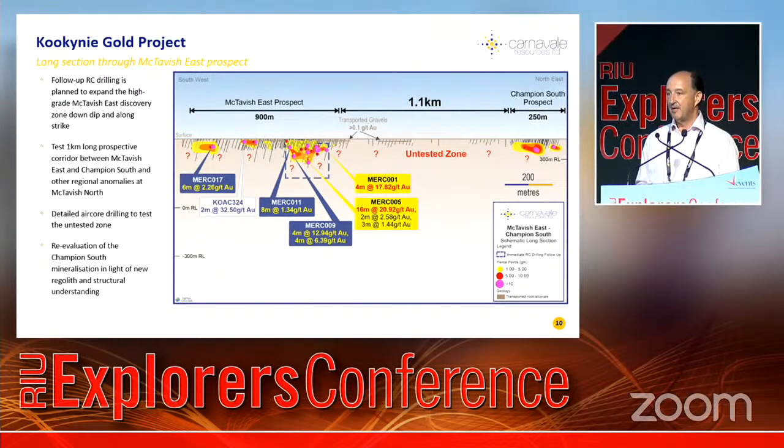So we have an RC rig booked to come back and drill in this area immediately. We finish at Orabanda, so that's in March, and an air core rig to come and test this zone as well. So we're aggressively developing this. We have the funds to do it, and we're very hopeful to grow this spectacular new discovery at Kukani.